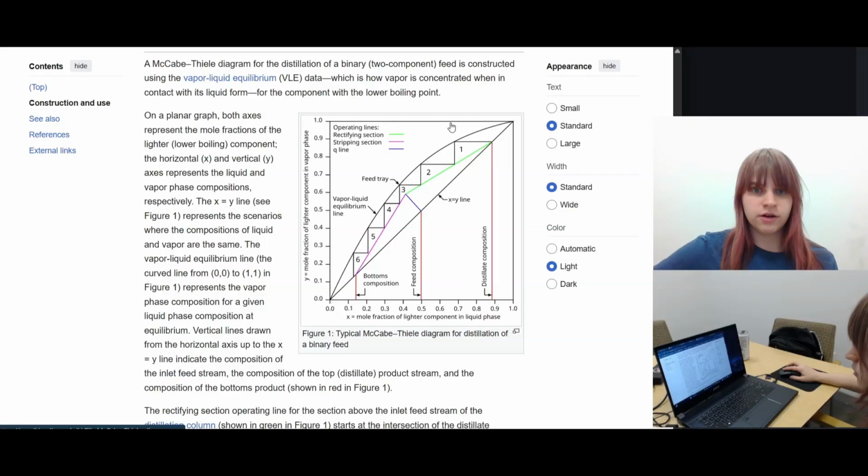And same thing up here, this would continue, so obviously you wouldn't want to use that when you're all the way up here. And for this example, this 1, 2, 3, etc., that's your number of stages that is required to get your distillate composition and feed composition, etc., that you state.